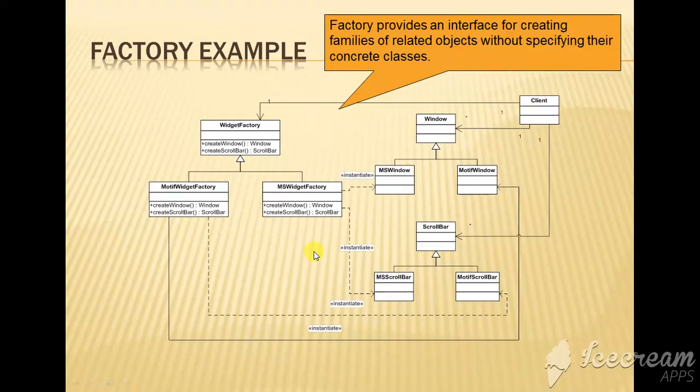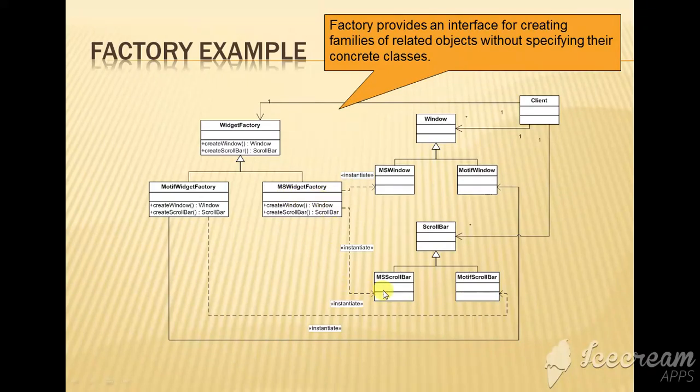So next one is the factory example. Factory provides an interface for creating families of related objects without specifying their concrete classes. Now you can see there is an interface here, and instantiation.